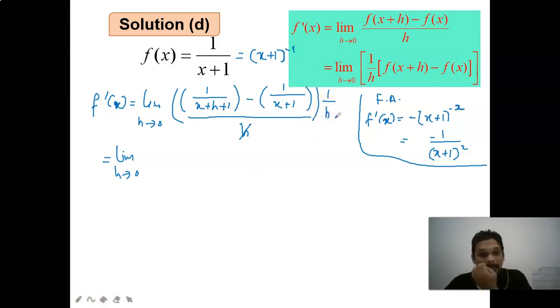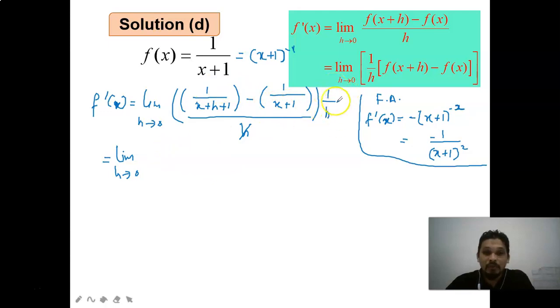Now, to simplify between these two, 1 divided by x plus h plus 1 minus 1 divided by x plus 1. So multiplication between these two denominators, x plus h plus 1 multiplied with x plus 1, and this one is also multiplied with x plus 1.